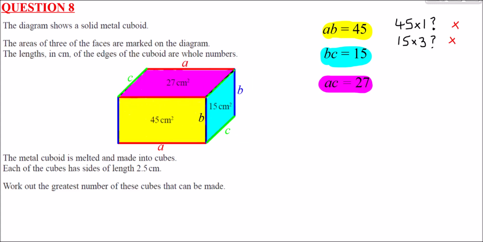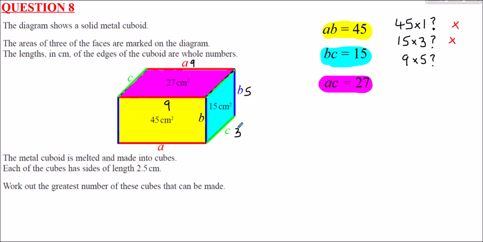Making A slightly smaller, the next one we could try would be 9, because 9 and 5 are two whole numbers that multiply together to give 45. So if A is 9 and B is 5, then C would have to be 3, because 5 times 3 is 15.